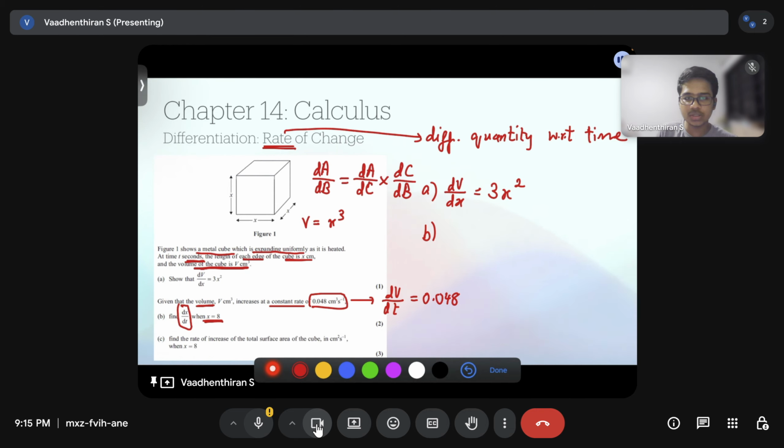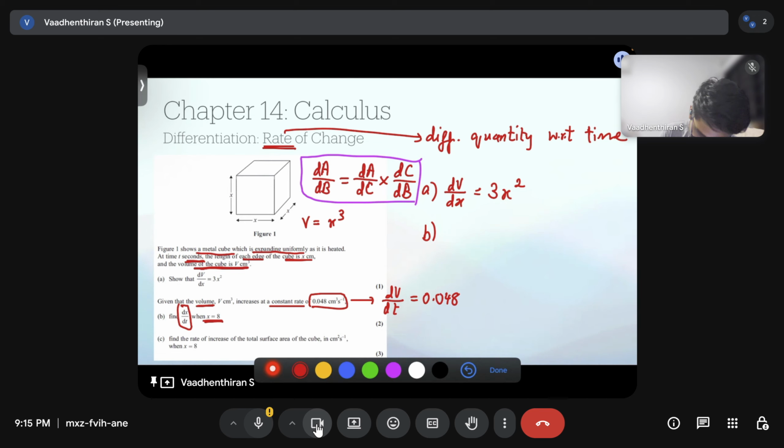So basically, you're splitting dA over dB and including a dC, some other quantity, which you can use for later. Since the dC and dC cancel each other, it's the same. This is the formula you need to remember for these kinds of questions.